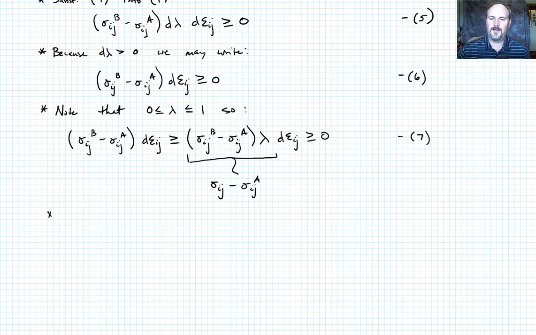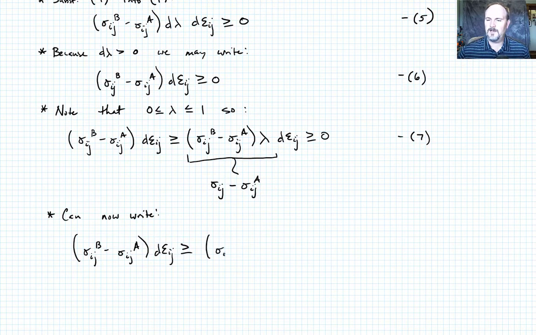Therefore we can now write that sigma ij b minus sigma ij a, d epsilon ij is greater than or equal to sigma ij minus sigma ij a times d epsilon ij, which is greater than or equal to 0, and we call that equation 8.